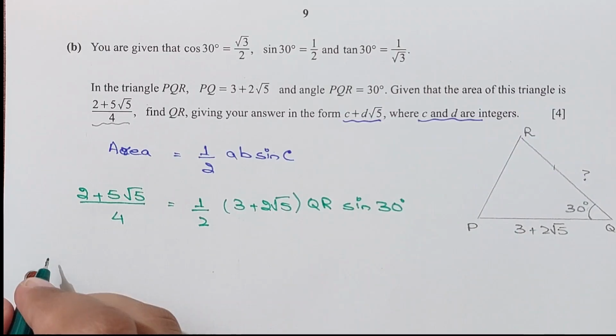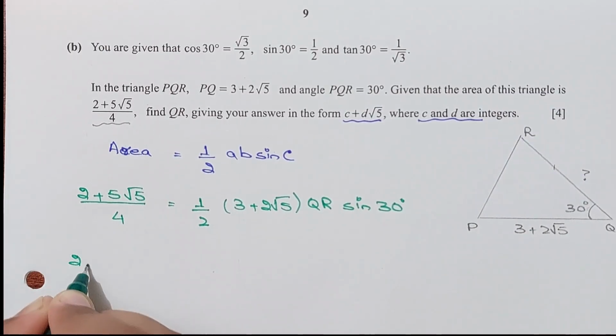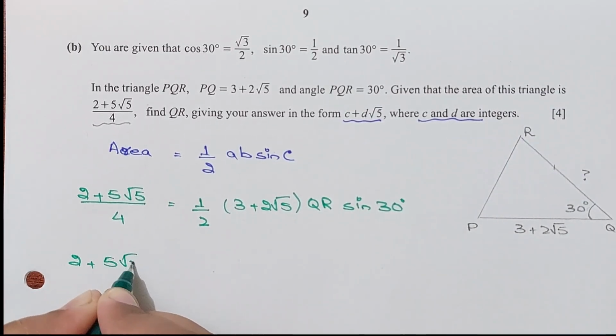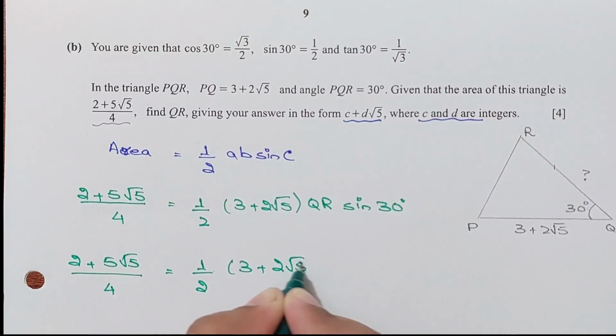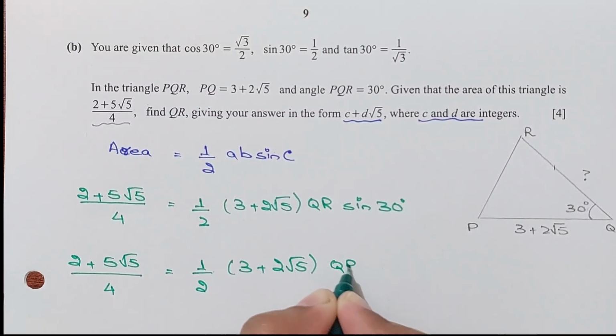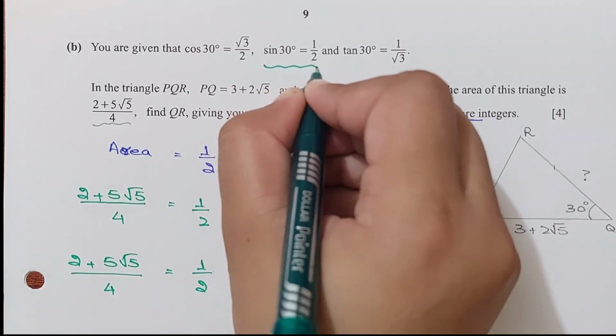Okay, let me solve for QR. 2 plus 5 square root of 5 divided by 4 equals 1 by 2 times 3 plus 2 square root of 5 into QR into 1 by 2, sine 30 degrees being 1 by 2, right?